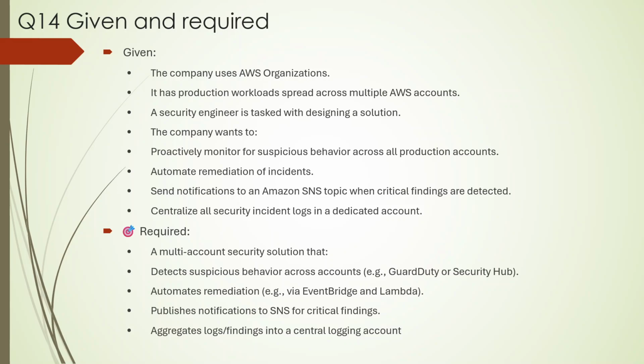It requires a multi-account security solution that detects suspicious behavior across accounts. Automate remediation. Okay, we'll automate the remediation with EventBridge and Lambda, and publish notification to SNS. Aggregate log findings into a central logging account. Why EventBridge? Because EventBridge can trigger Lambda, right?